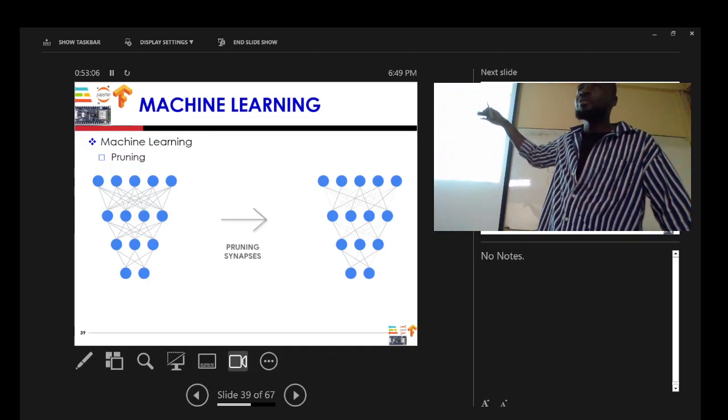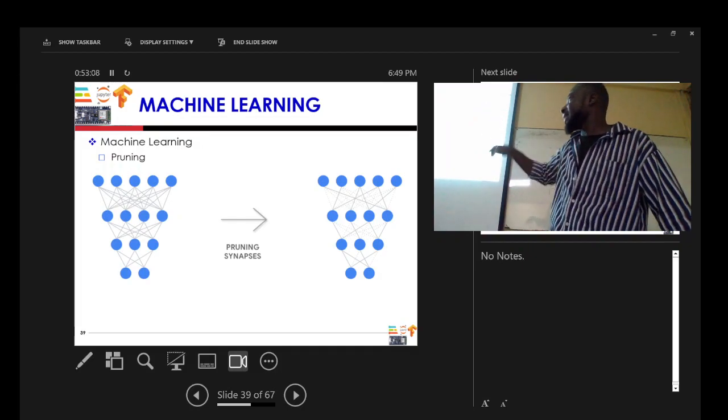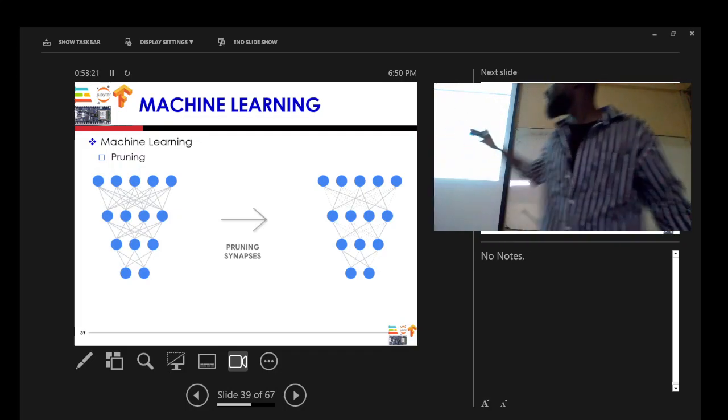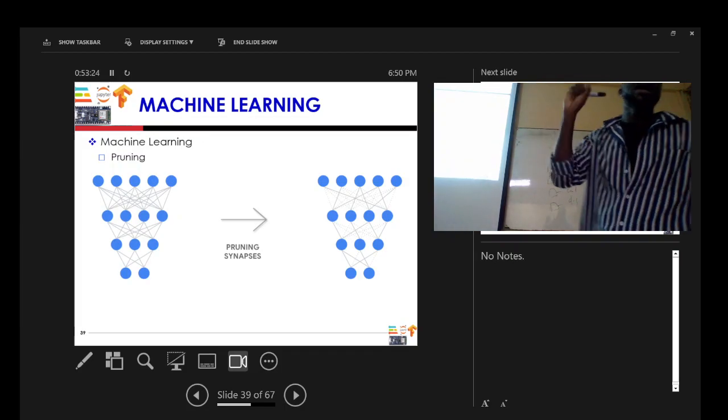The layer after the input layer is called the hidden layer, and then this layer is called the output layer. Between them, all the lines you see have a weight.